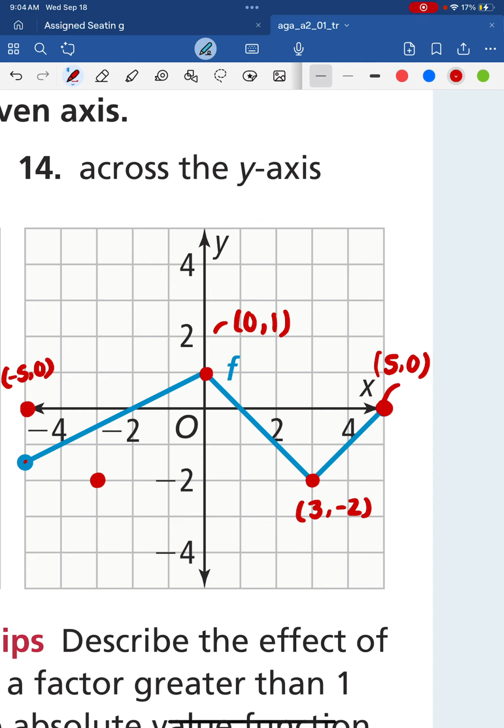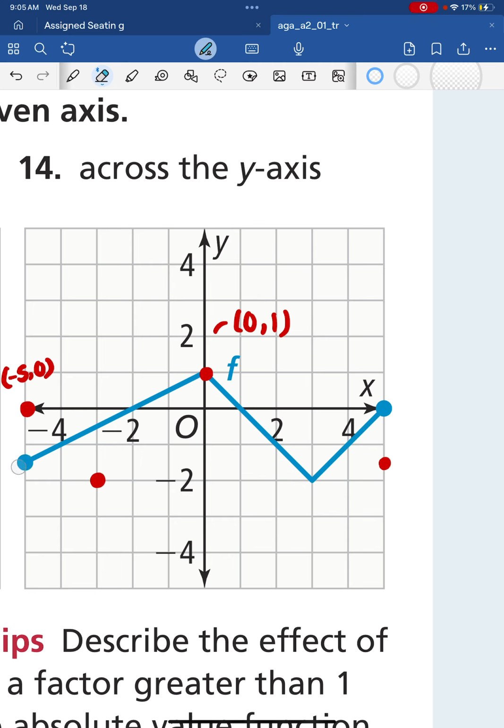And then when I do my last point, let me erase these. When I do my last point over here, it is negative 5, negative 1/2. Now it's going to be positive 5, negative 1/2.